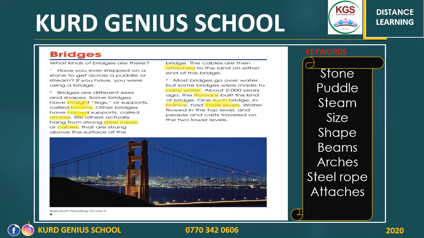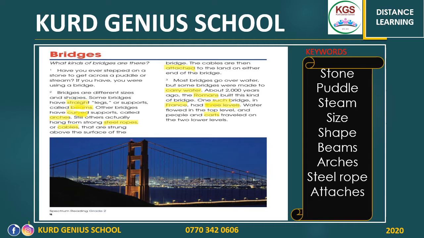Carts are what? They are carriages that go with a horse, or they are attached to the back of the horse. People in ancient times were using carts to travel on the two lower levels.